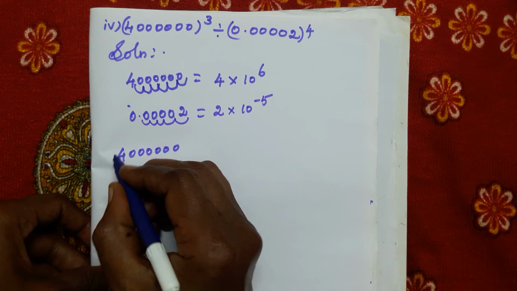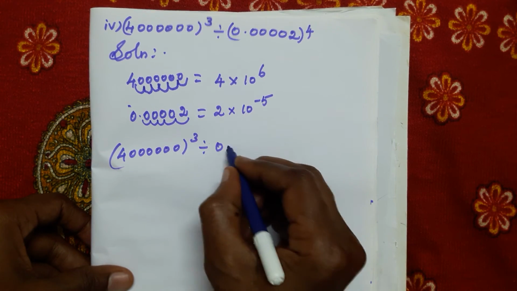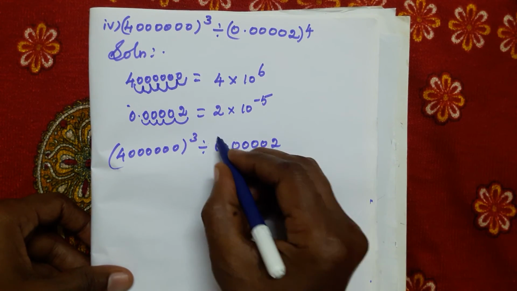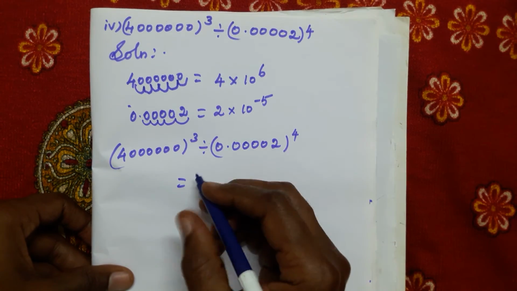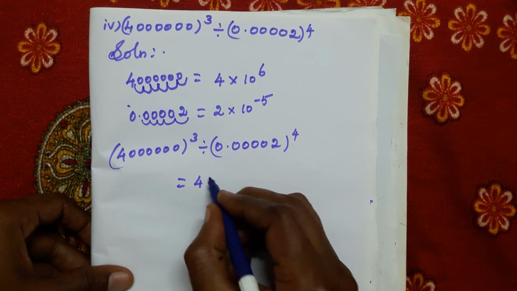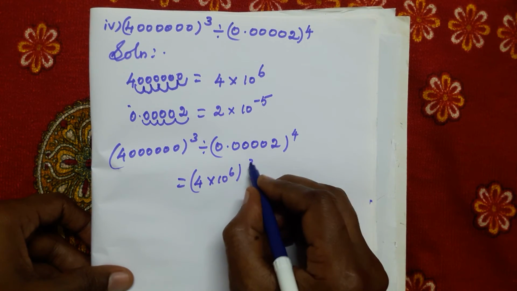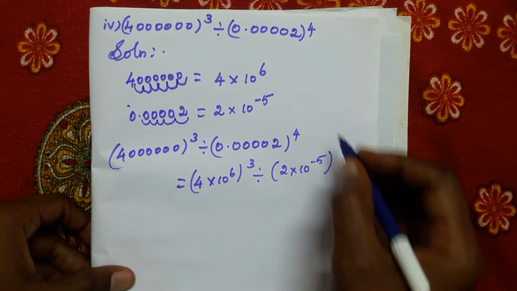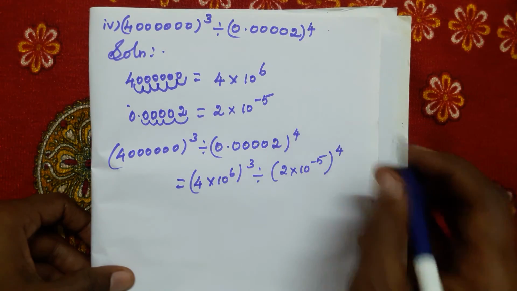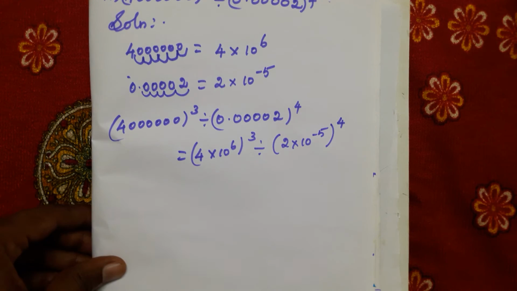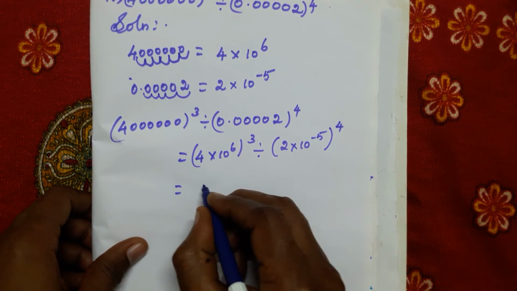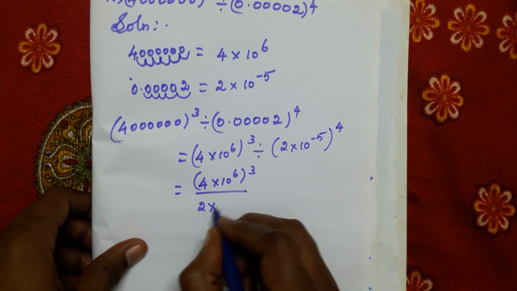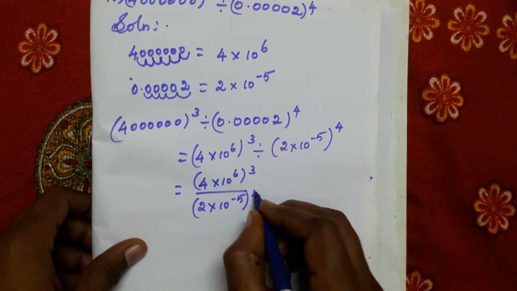40 lakh the whole power 3 divided by 0.00002 the whole power 4 is equal to, when we use that, what are we getting? 4 into 10 power 6 the whole cube divided by 2 into 10 power minus 5 the whole power 4.